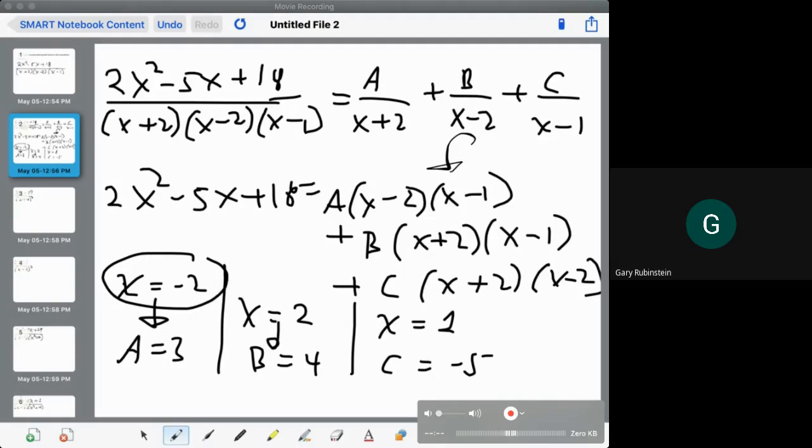Remember, you put the x into 8 different places, but 2 of those places are going to turn the factor into a 0, and 2 of the 3 terms are going to get canceled out. So that's what happens when you have 3 factors.